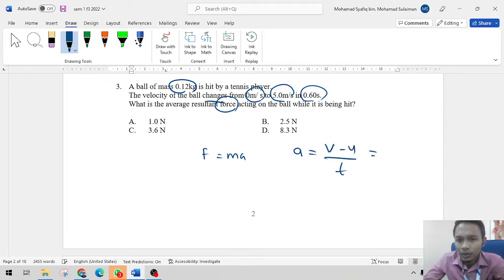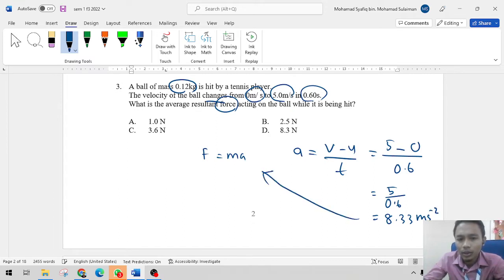So v is 5, initial velocity is 0, time is 0.6. So 5 over 0.6 is equal to 8.33 meter per second squared. So from here we can get the force.